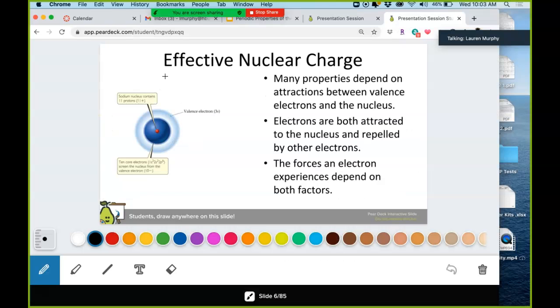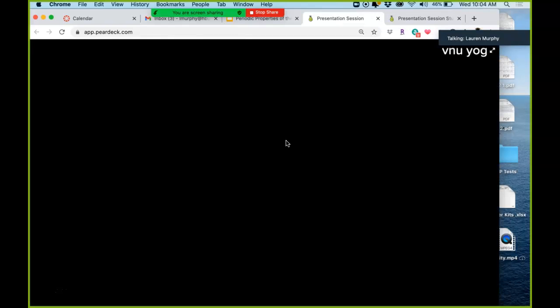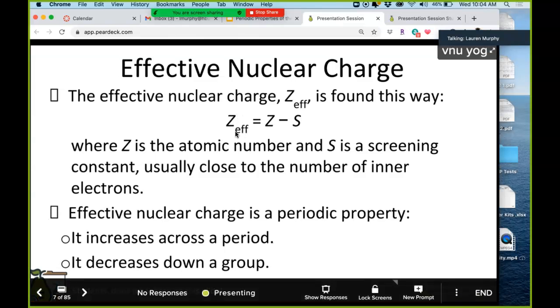I'm going to use the word ring and shell interchangeably, and you'll see more what that is in a minute. So the effective nuclear charge, which is Zeff, is the charge of the nucleus, that's Z, minus the screening, often referred to as shielding.